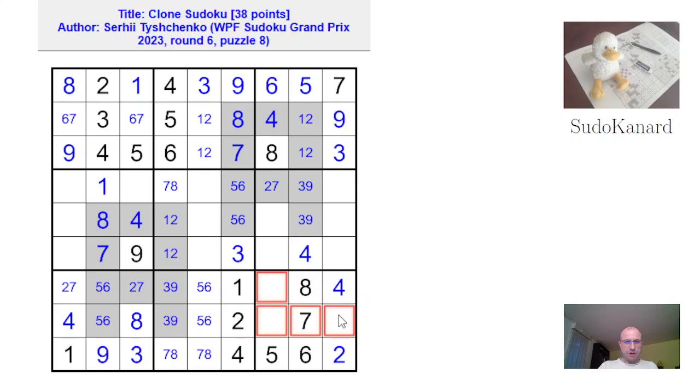Those are 1, 3, and 9. 3, 9 here, so this is 1. 3 and 9 there, and there again, those seem to create a deadly pattern here. That's very cleverly constructed. 5, 6, and 8 here. There's an 8 there, so this is 5 or 6. And this creates a 5, 6 pair on this row.